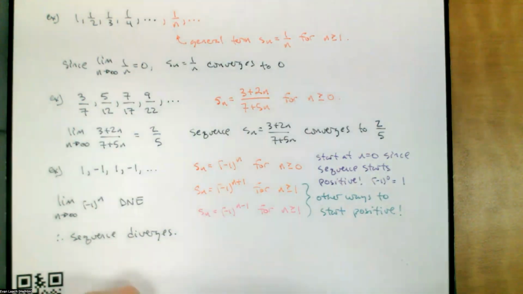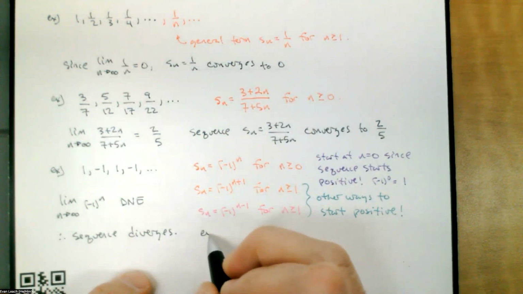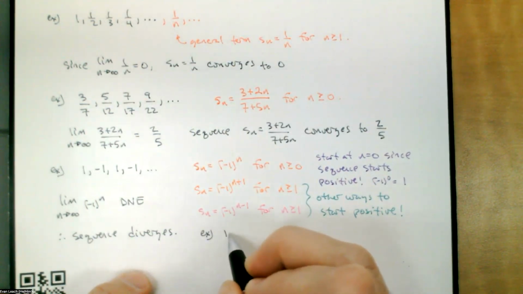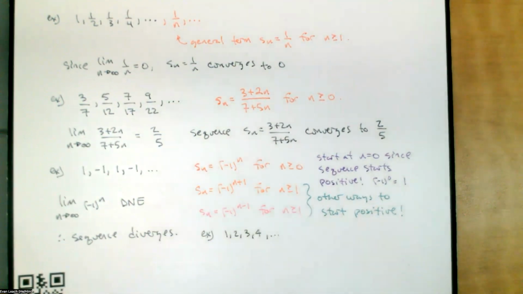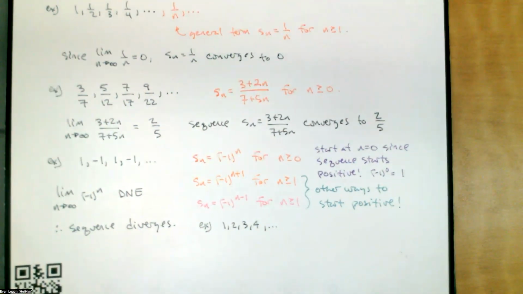So for example, this sequence 1, 2, 3, 4, the terms are headed off towards infinity. So the sequence diverges.